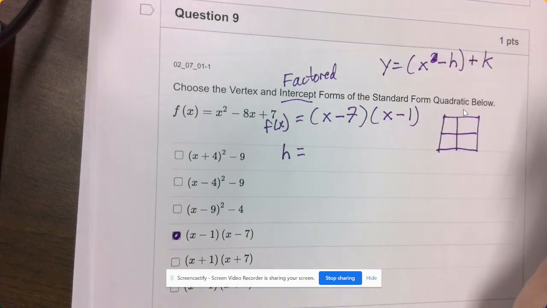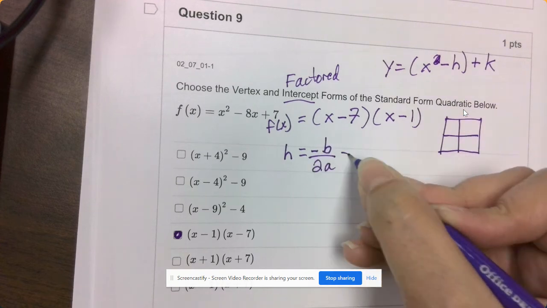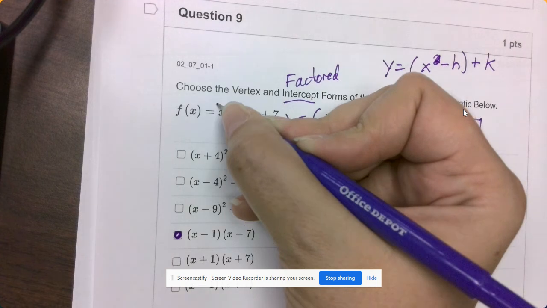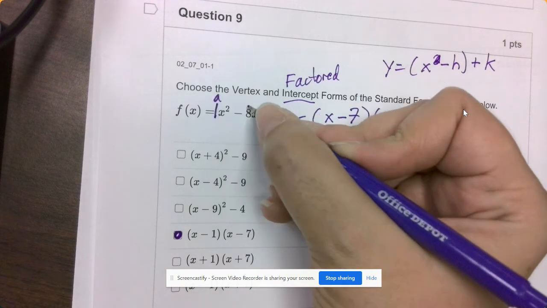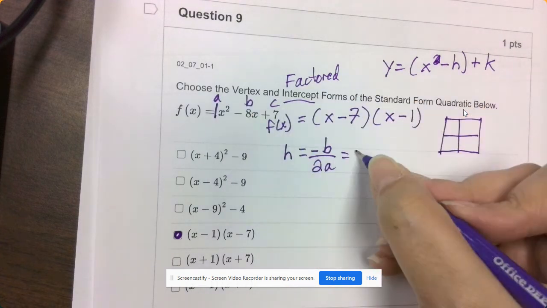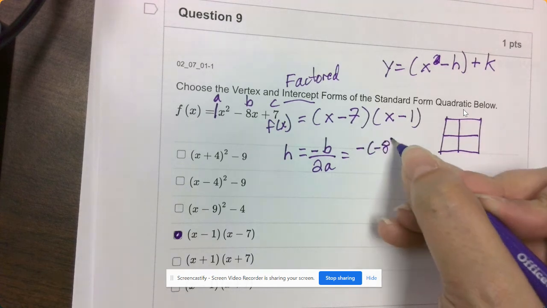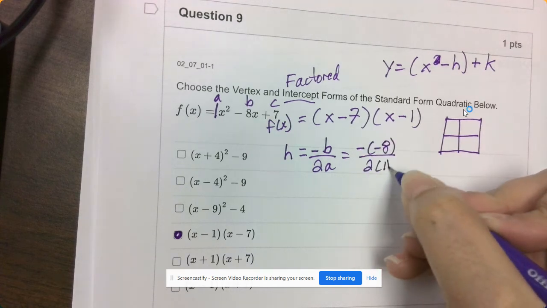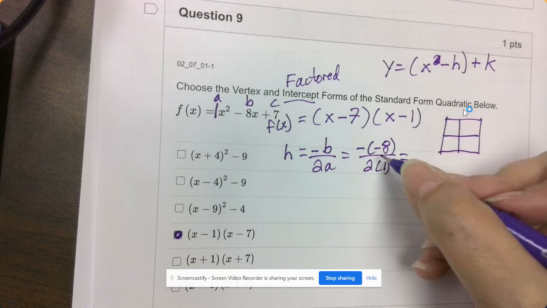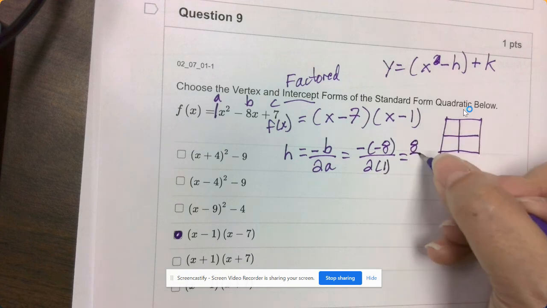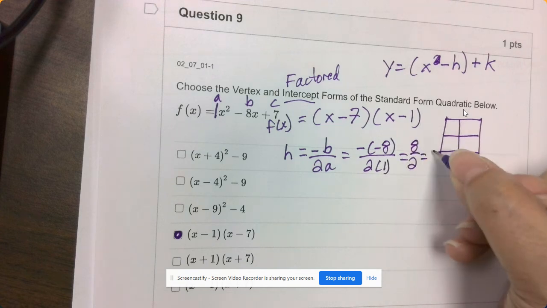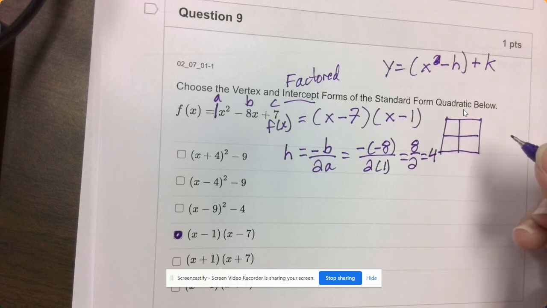Okay, so h is equal to negative b over 2 times a. Everybody, ABC, remember that a has an invisible 1 in front of it. So we're going to have negative negative 8 over 2 times 1. Negative times the negative is going to be positive. 2 times 1 is 2. That's going to give us 4. Okay, so h is 4.